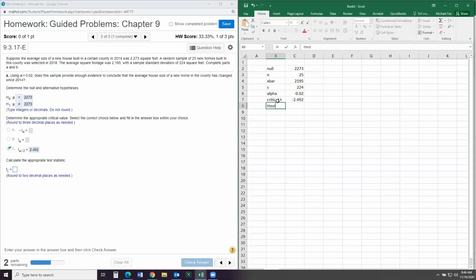Our t-test statistic, we're going to use the same formula we used in the last problem, except instead of population standard deviation, we'll use sample standard deviation. So the numerator is x bar minus our null divided by our denominator, which is the sample standard deviation divided by the square root of n.